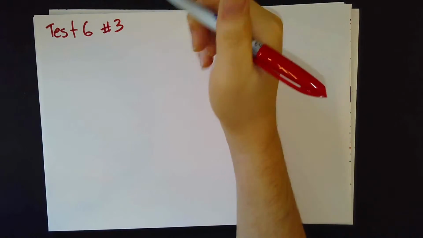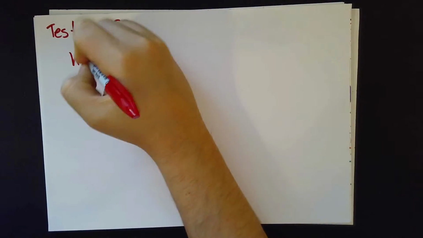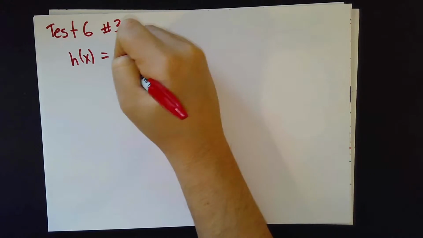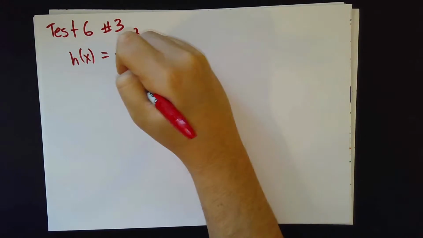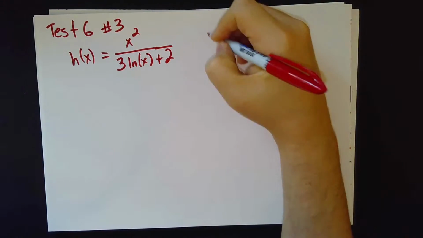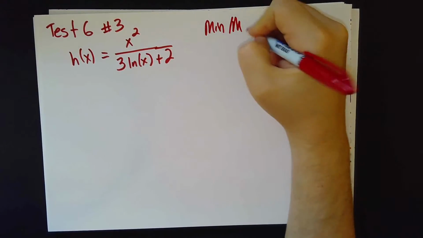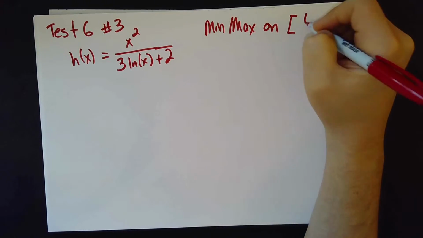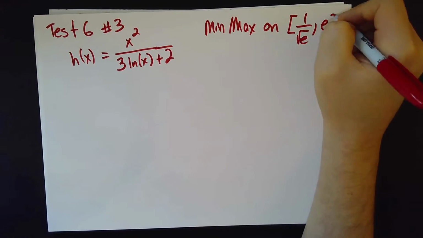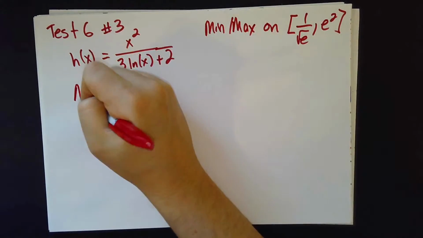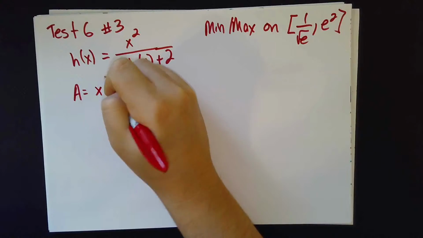Okay, so here we've got h of x is x squared divided by 3 log x plus 2, and we want to know the min and max of this function on the interval 1 over square root of e to e squared. Okay, so we've got to take the derivative here first.